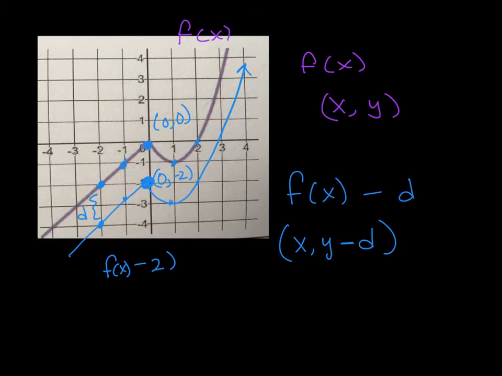We're going to go ahead and take a look at a vertical reflection next. Now, the vertical reflection that everyone knows the best is probably that of the parabola, where you have the function equal to x squared.